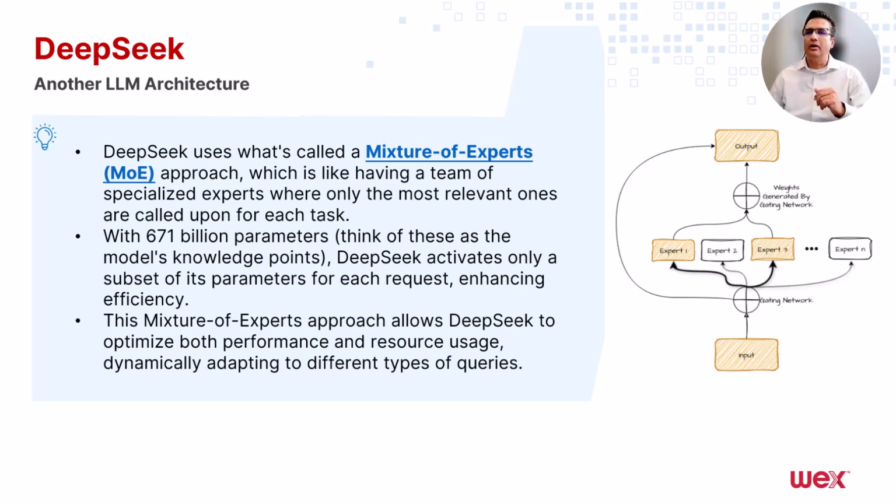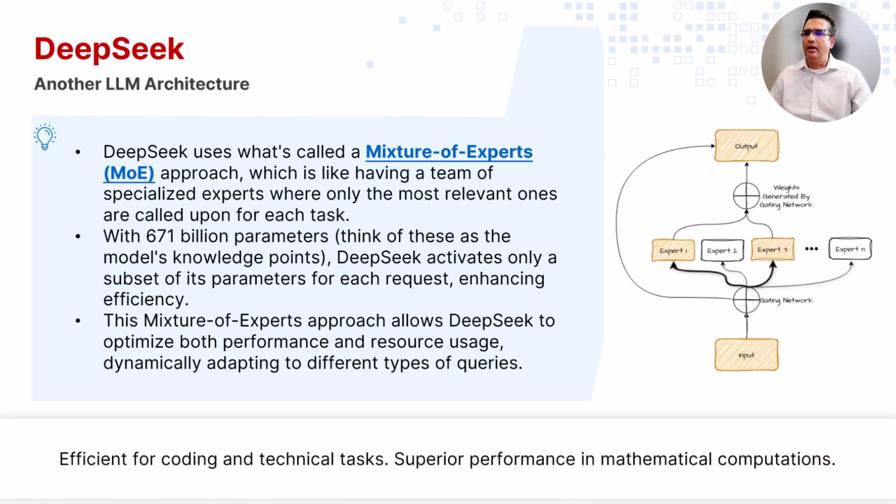DeepSeek has around 671 billion parameters. Parameters, think of it just as a knowledge point. It actually wakes up or activates only a subset of the parameters depending on what the request is. That's how DeepSeek is very, very efficient.